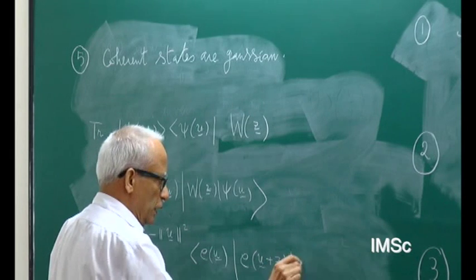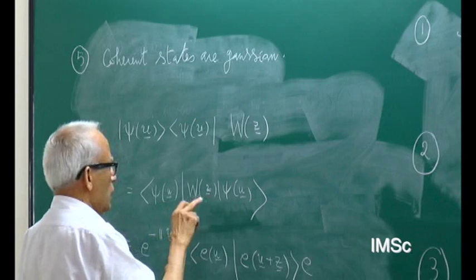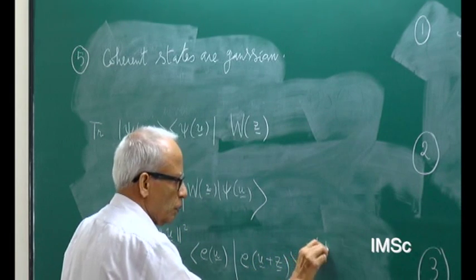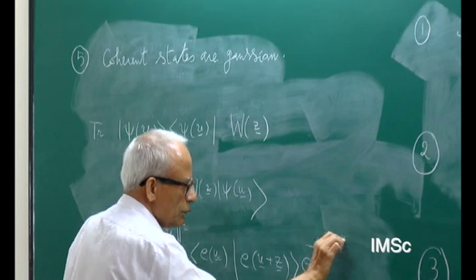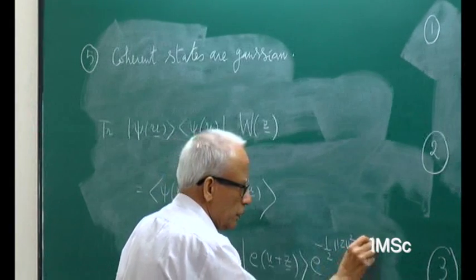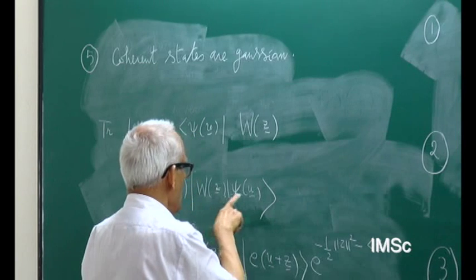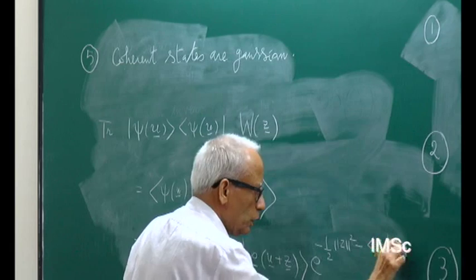multiplied by scalar e to the power minus half norm Z square minus Z U, right? That is how this will operate.